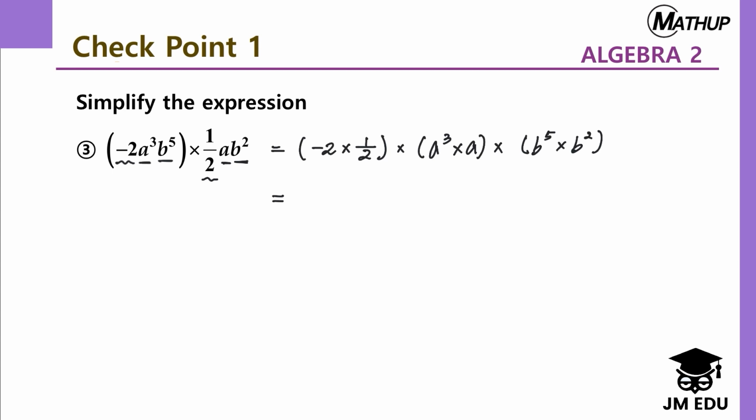So that is equal to 2 times 1 is 2, 2 times 1 is 2. So that's negative 1, right? So we have negative a to the 3 plus 1 times b to the 5 plus 2. So that's going to be negative a to the 4 b to the 7.